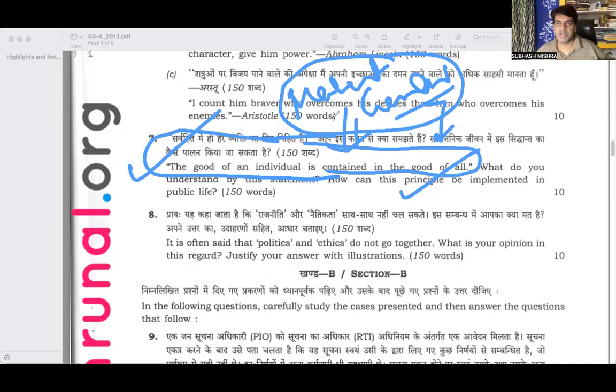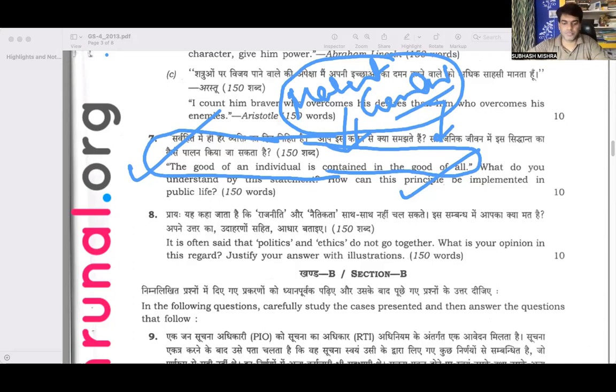And what is the name of this man? The good of an individual? I'm just telling you. I guess it is Thoreau's quotation.